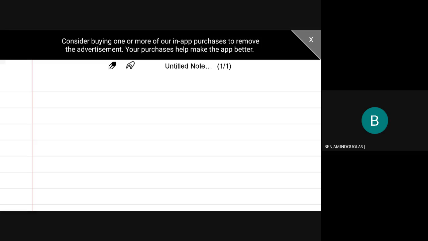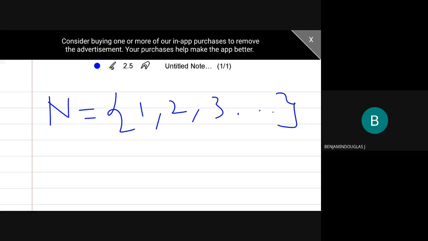Suppose I take a set, the set of all natural numbers, say 1, 2, 3, etc. Define my binary operation as star.